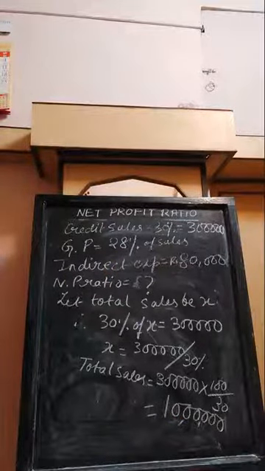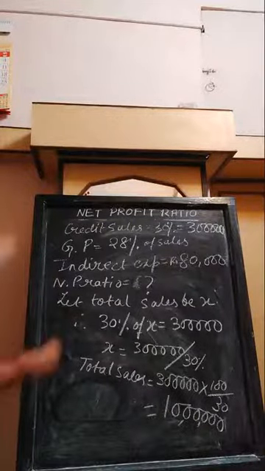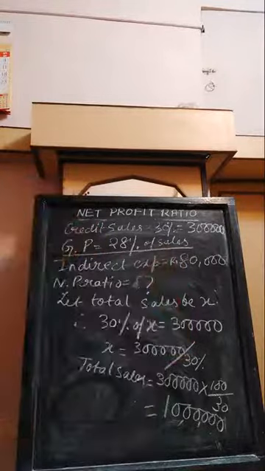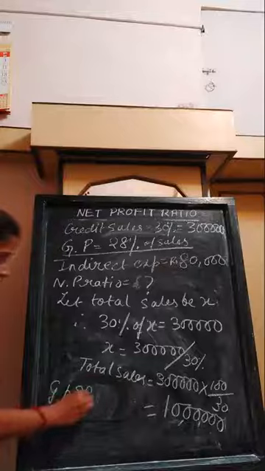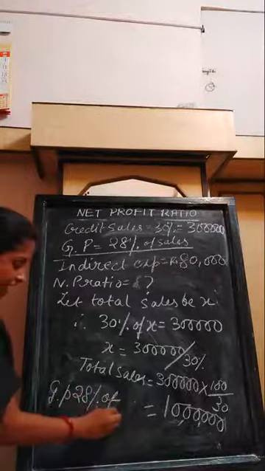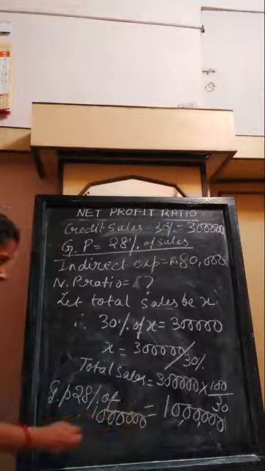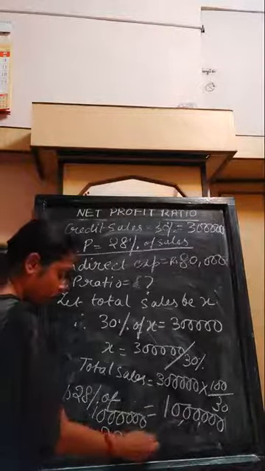The total sales is required. Now, why is it required? Because now you have to utilize this GP, which is 28% of total sales. GP is given as 28% of total sales, that is 10 lakh, which means rupees 2,80,000.